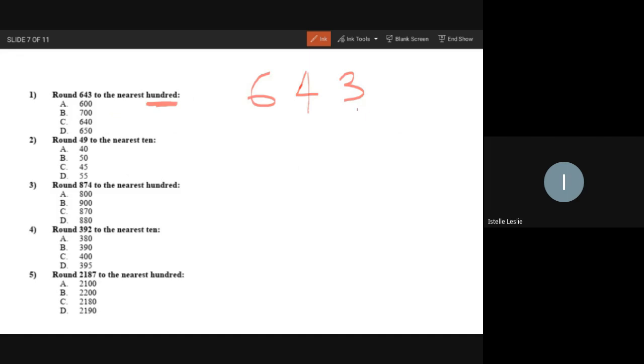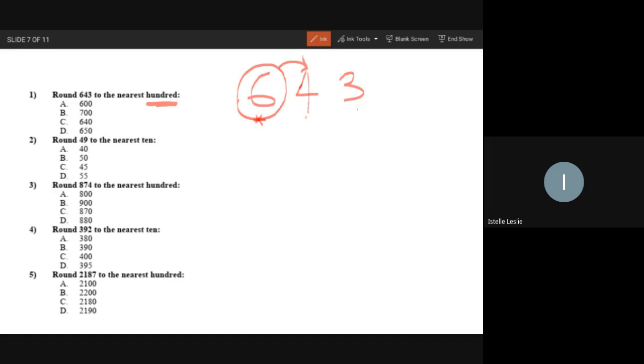We know this is ones, tens, and 6 is in the 100 position. So we check, what is the number to the right of 6? Is it 5 and above? No, the number is not up to 5. So we said once the number is not up to 5, leave it the way it is. So the digit in the 100 position remains the same.